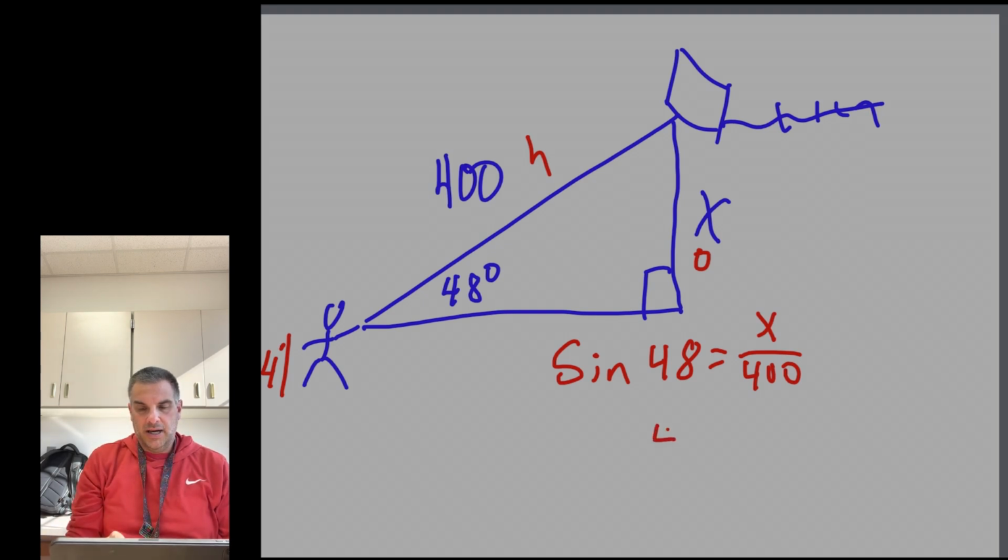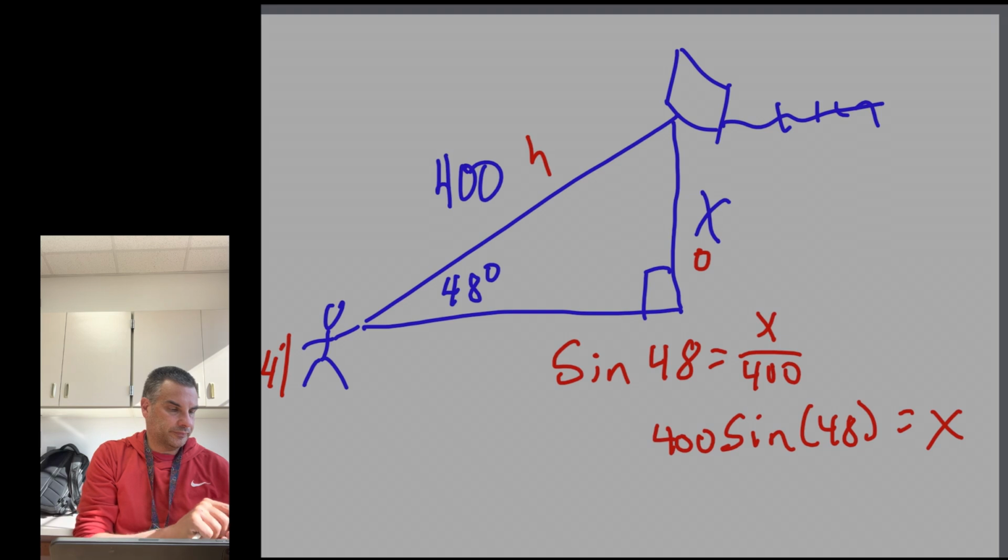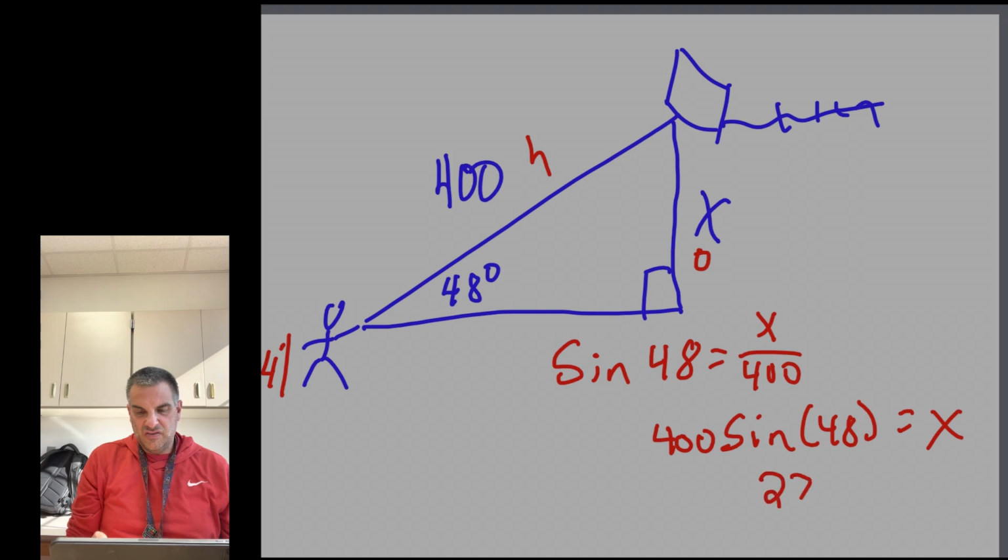The number's on the bottom, so we go 400 times the sine of 48, and that's going to equal our x value. That's 297-ish feet. So we'll just say 297 is equal to x.